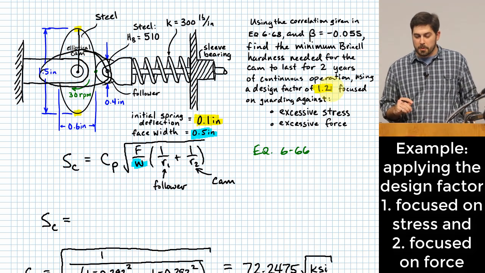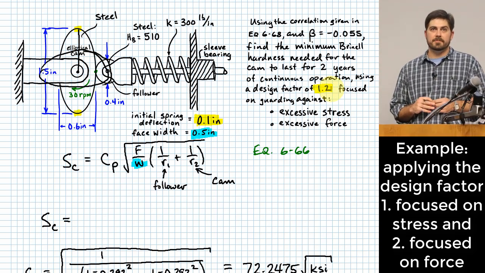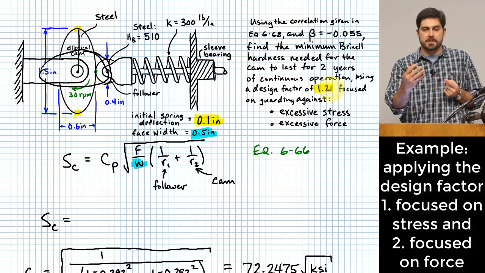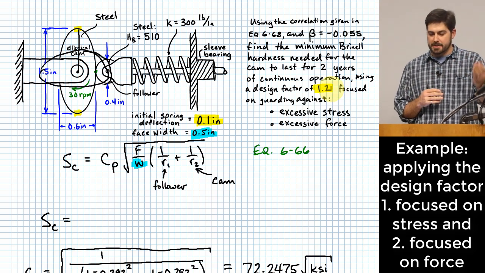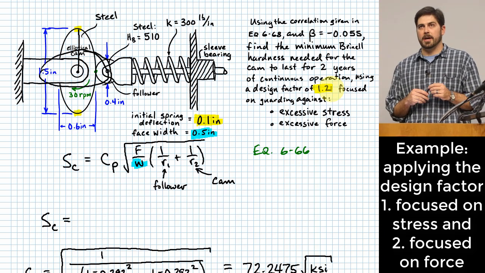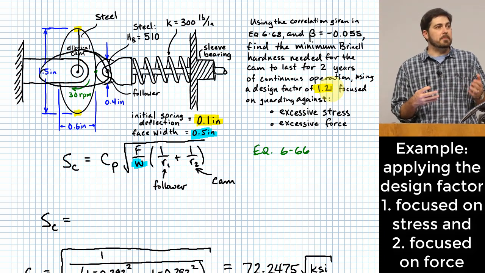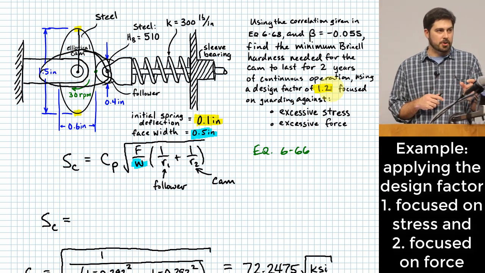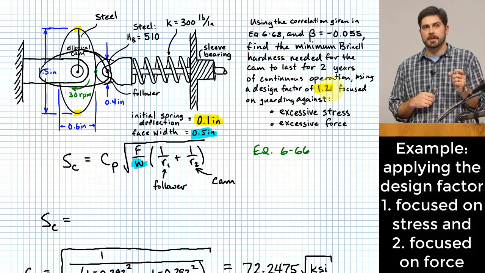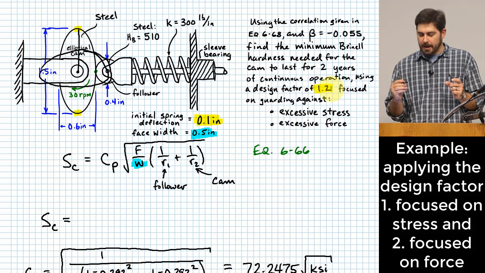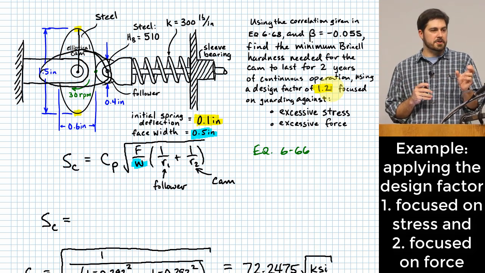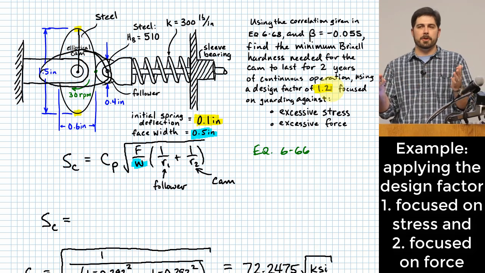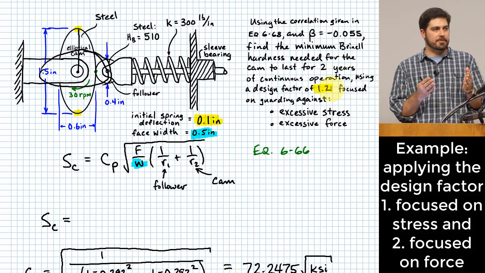But we're supposed to do that two different ways. In one case we apply it as a guard against stress, and in the other as a guard against force. Here's what that means. Say you came up with a design factor of 1.5.